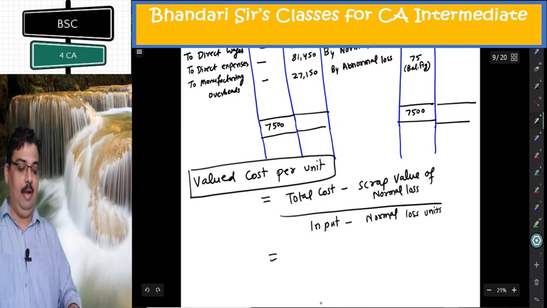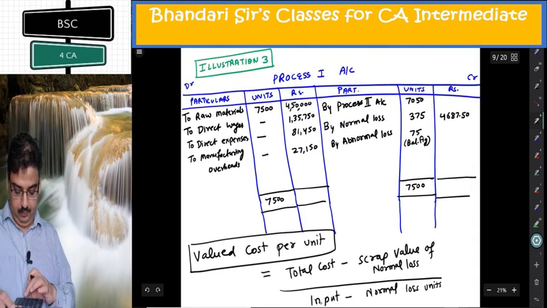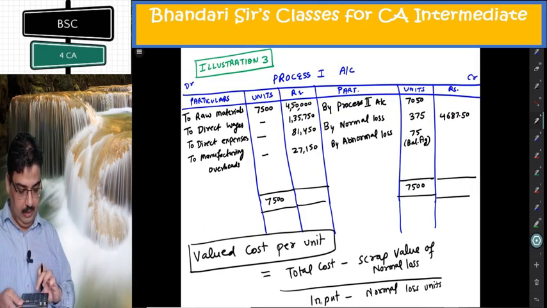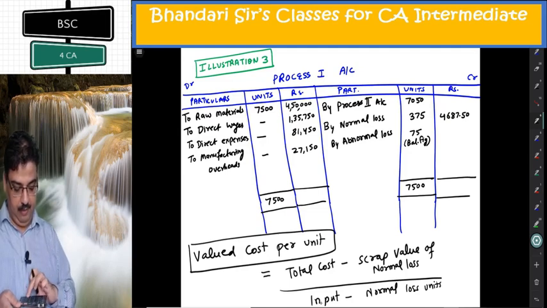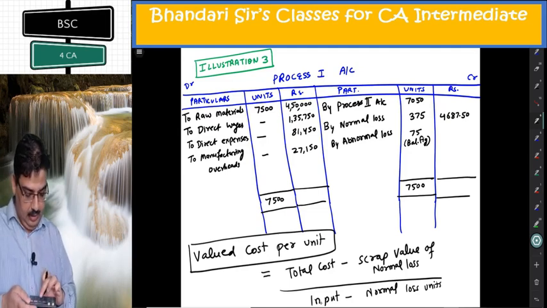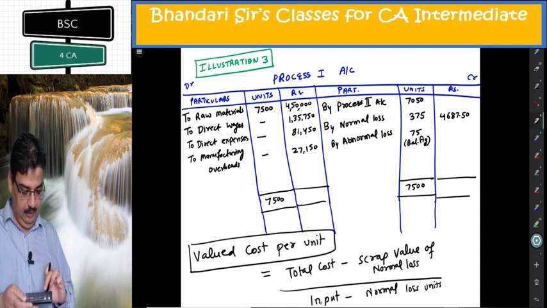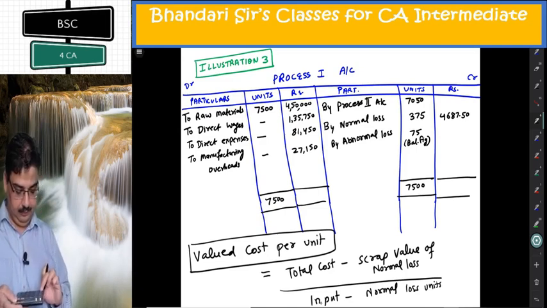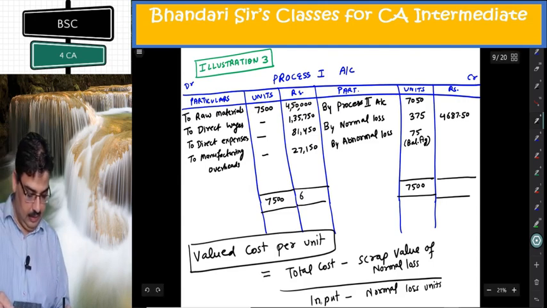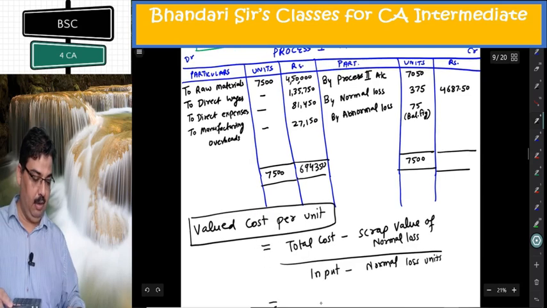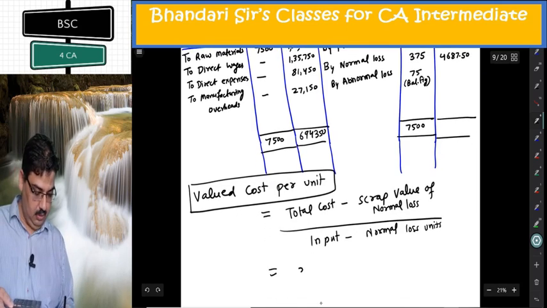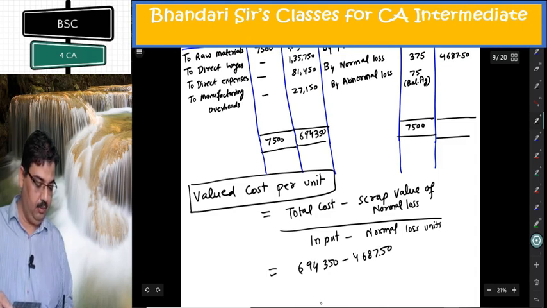So I need to add the debit side there. 4,50,000, 135,750, 81,450, 27,150. I get there 694,350. But I need to deduct from there 694,350 minus 4687.50.